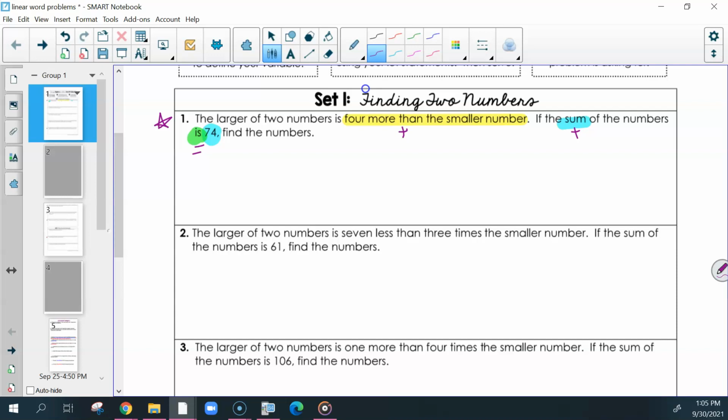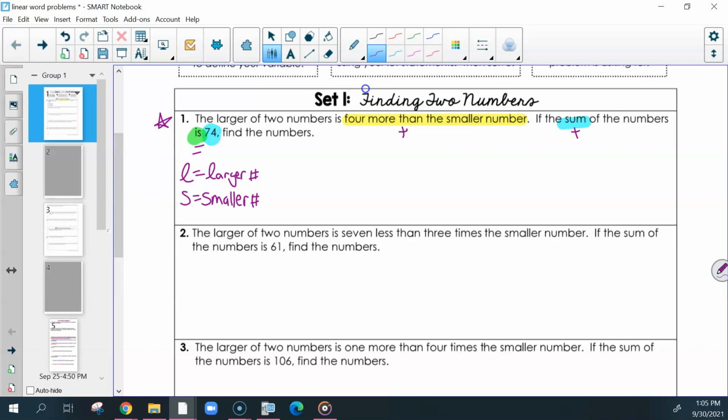So now let's define some variables. Let's say I want L and S to mean the larger number, I'm using the pound symbol for number, and the smaller number.